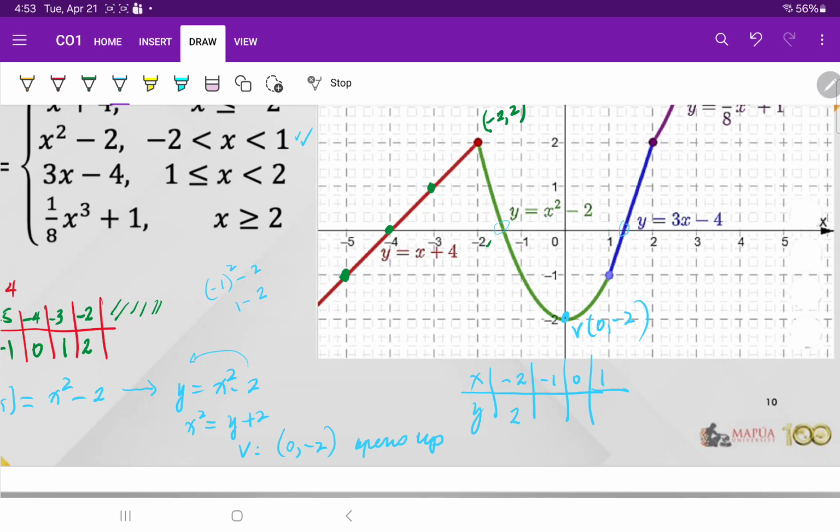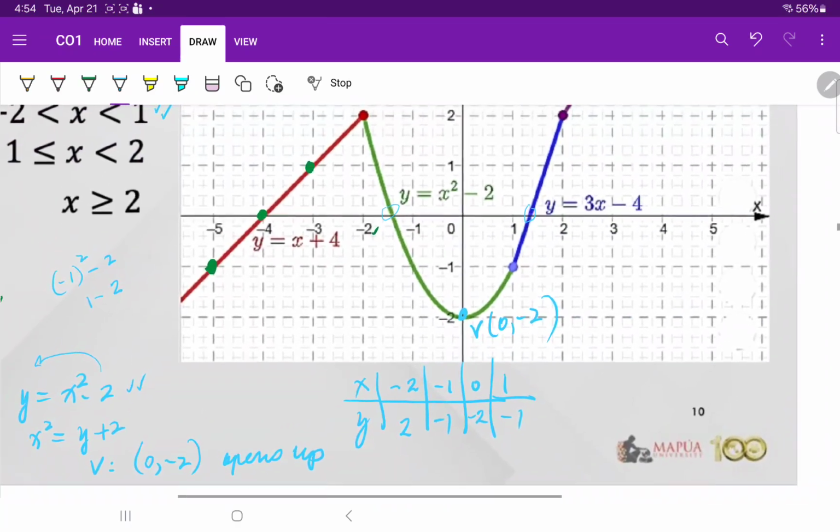That gives you -1. Let's have 0 first. When x is 0, y is -2. Remember, you're doing this one. When x is 0, y is -2. When x is 1, y is -1.